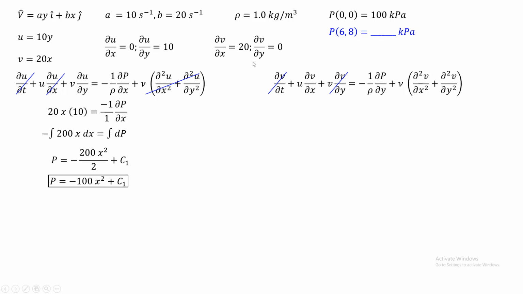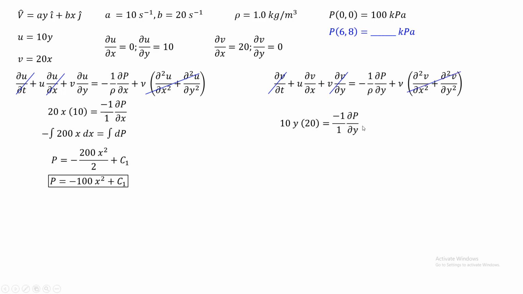As in the previous case, we have constant values in the first derivative, and hence the differentiation of that will give us the second derivative, which will eventually become 0, right? So we end up with these two terms, similar to the x momentum equation.